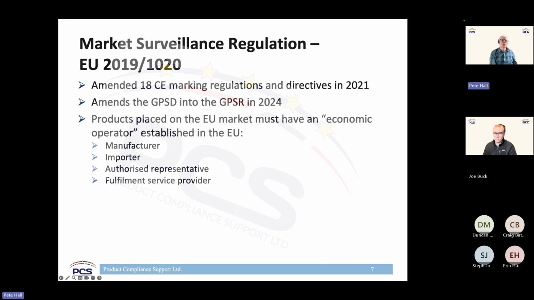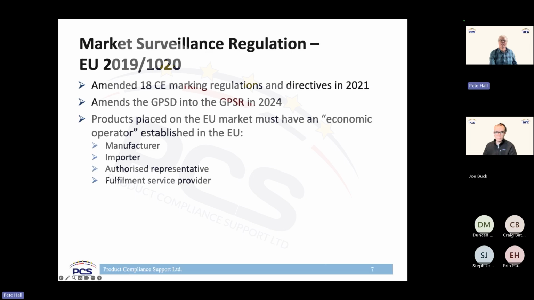If there's no importer, as in products that are sold online directly to EU consumers, then the manufacturer overseas can appoint an authorised representative, or sometimes if you sell through an online platform, then online platforms offer that service, but some of them don't. So key ones like Amazon don't offer that service.